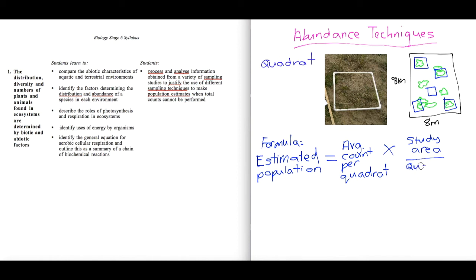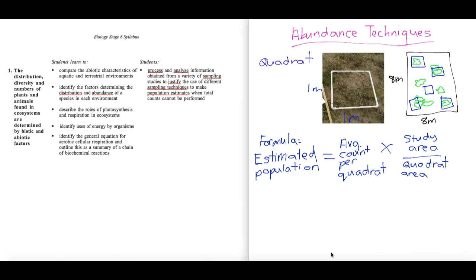Then you divide your study area by the quadrat area. You can have quadrats of different sizes, but let's say that this quadrat is 1 meter by 1 meter. So the area would be 1 times 1, which is 1. That goes into your quadrat area.